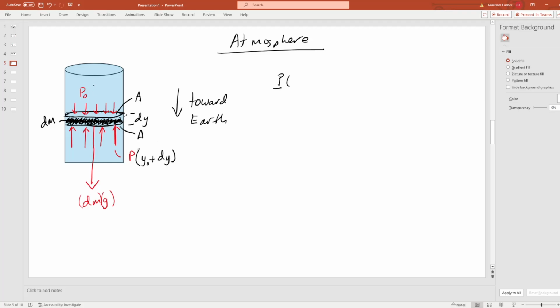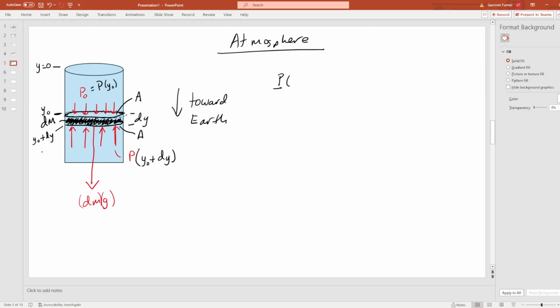So P naught equals P at y naught. So if we call this y equals 0, then this top piece would be y naught. And this bottom piece is y naught plus dy. Okay, I should have been more formal with that.